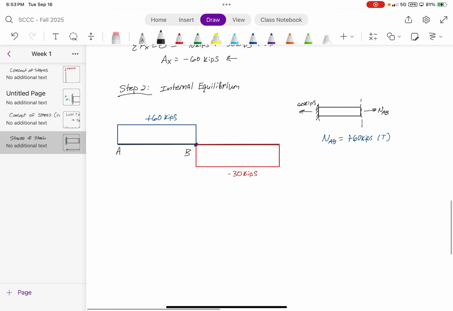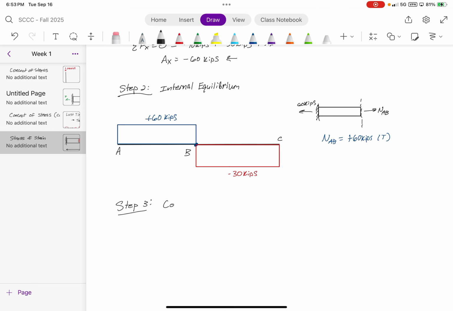Let me label A, B, C. So for bar AB, this is for step 3, compute deformations. And this would be like compute deformations, stresses, strains, just using whatever formulas we have. We did all of the difficult part. Now it's just a matter of plugging and chugging into the formulas that we have.